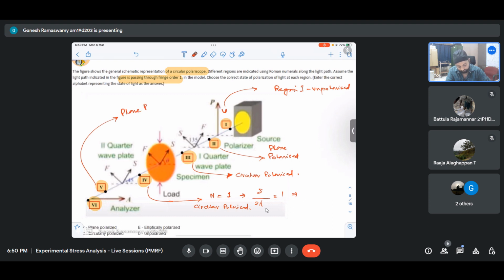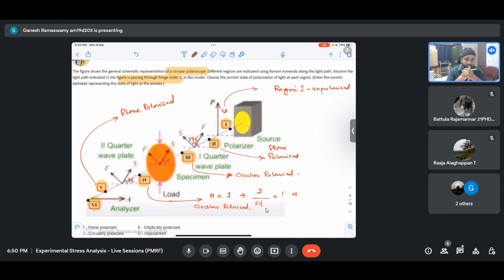Now we just saw that we have kept the first and second quarter wave plates crossed, because the slow axis is at 45 degrees here and at 135 degrees here. So the first and second quarter wave plates are crossed, and our polarizer and analyzer are also kept crossed, because the polarizer is at 90 degrees and the analyzer is at 0 degrees.